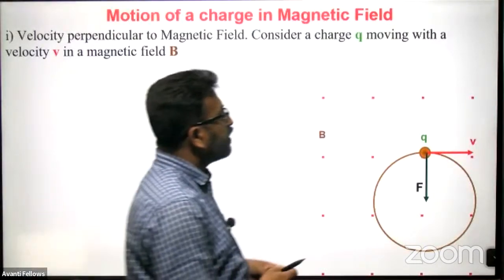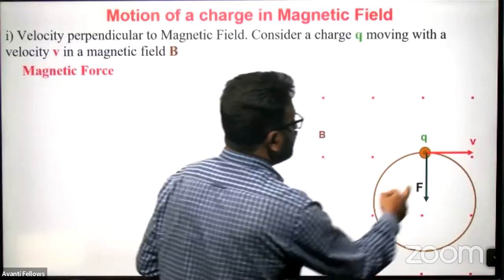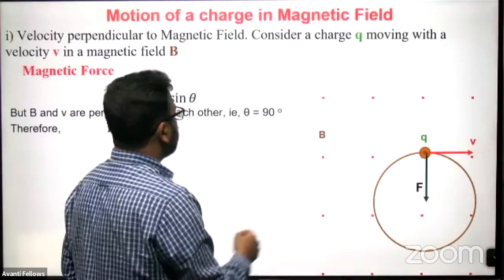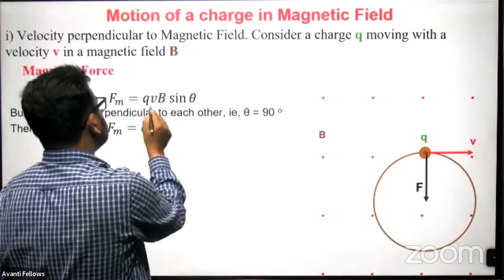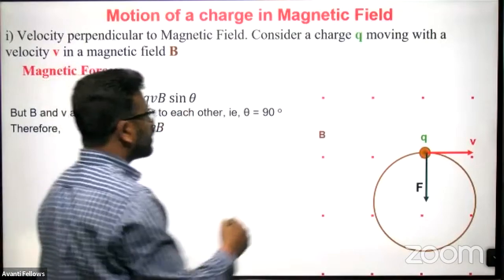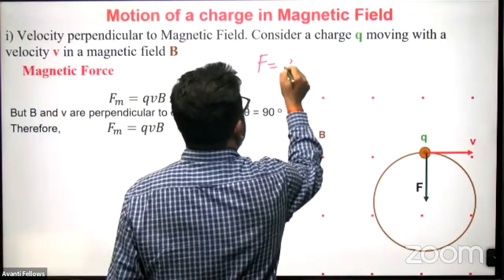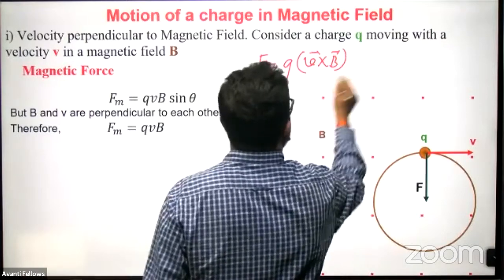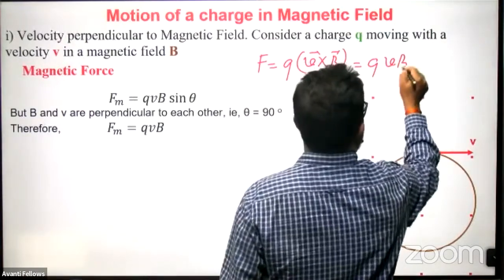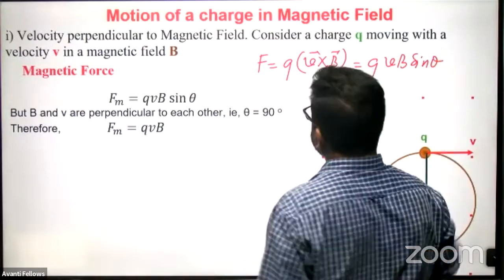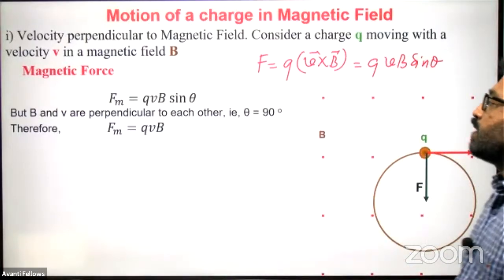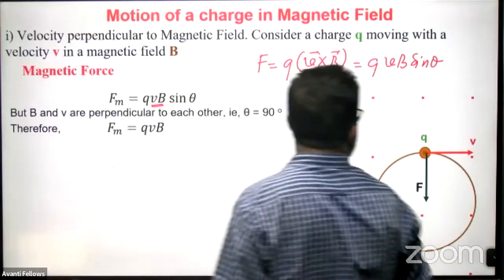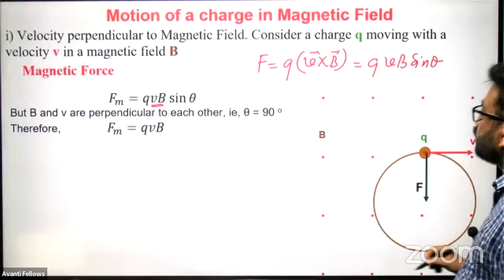So if the velocity vector is tangential to the circle, then F_m equals q v B sine theta, that is F equals q into v cross B. Here v and B are perpendicular.